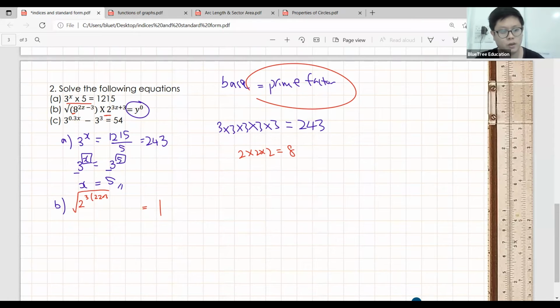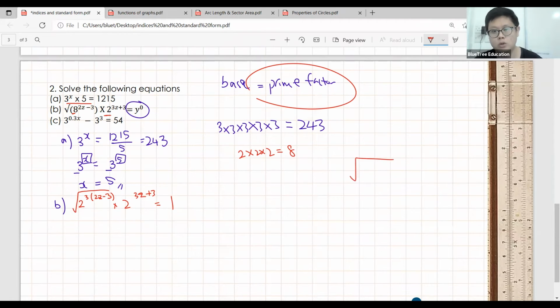I think in the previous video we haven't really shared about what to do with the root. There's nothing to do for the second term, which is why I leave it the same. But whenever you have a square root, that means that you involve a fractional index.